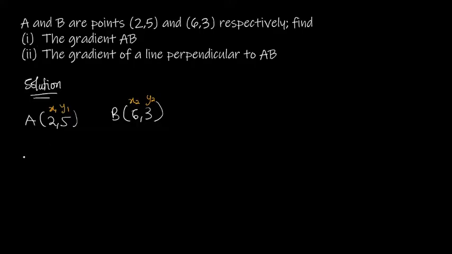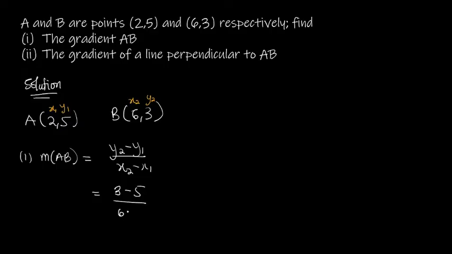Now, the first part of the question is demanding that I find the gradient AB, so the gradient of the line AB. The gradient M of the line AB is given as the change in the y-axis, so that is y2 minus y1 on x2 minus x1. So this is equal to my y2 over here, 3, minus my y1, 5, on my x2, 6, minus my x1, which is 2.